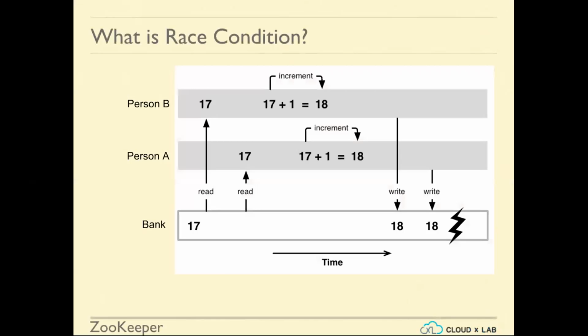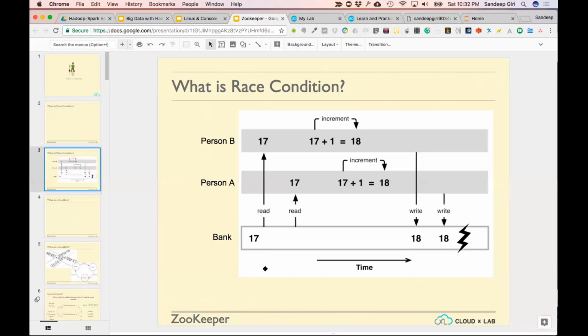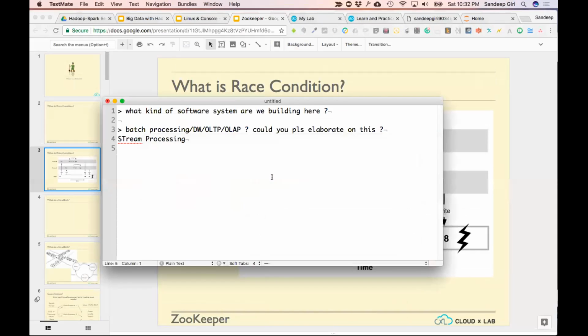But if your program is written in this way, I'll show you. Current value equals get bank balance, and then current value equals current value plus 1.